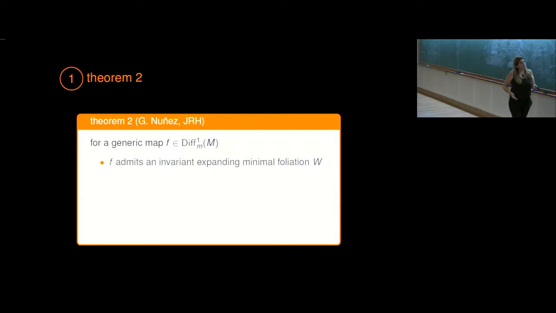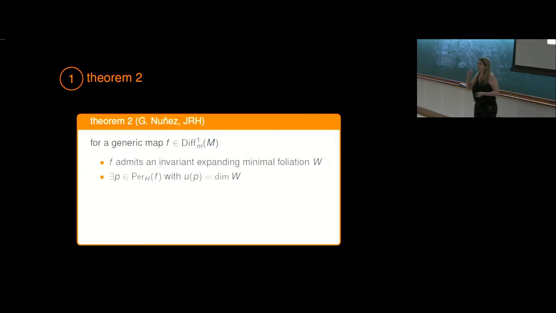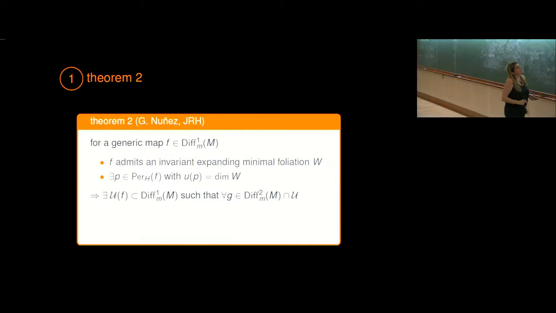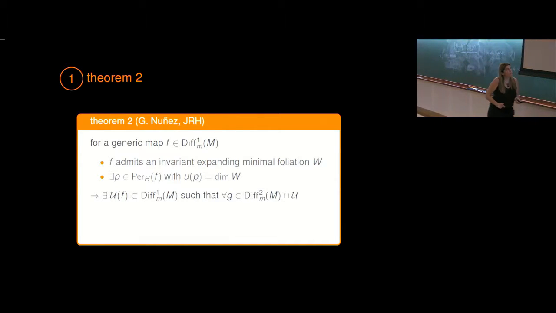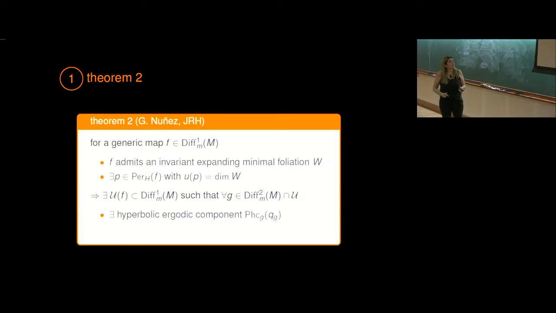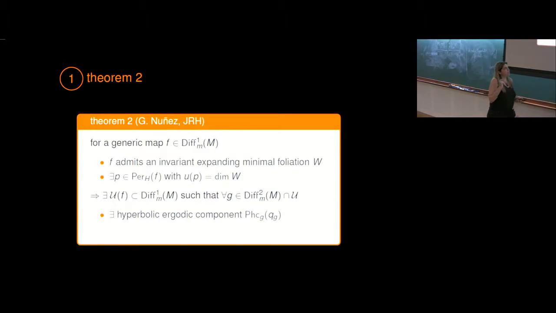So if F admits an invariant expanding minimal foliation and we have this magic periodic point which has the same dimension as the invariant minimal foliation, then in a C1 neighborhood, all C2 diffeomorphisms inside this C1 neighborhood contain a hyperbolic ergodic component.